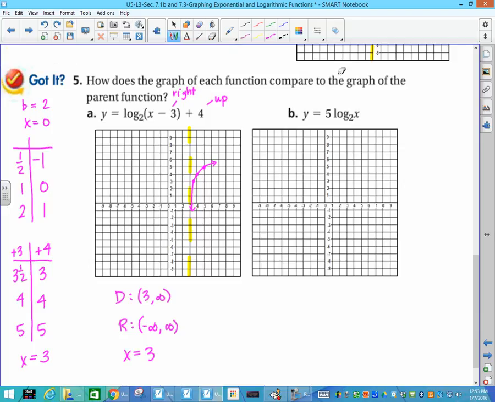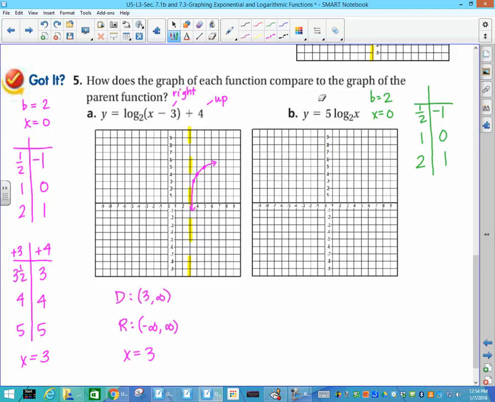Okay, we'll stop there. That's good. All right, so last one, y equals 5 log base 2 of x. That's how we say that. So to graph that, again, what's my base? Base is 2, x equals 0. So key points: if I have an x asymptote, then I start on the other side here. So base is 2: 1/2, 1, and 2.